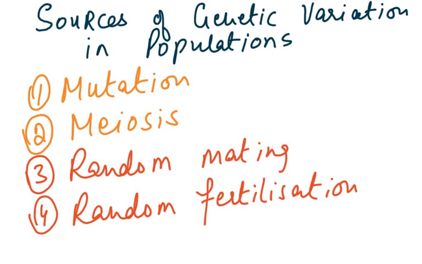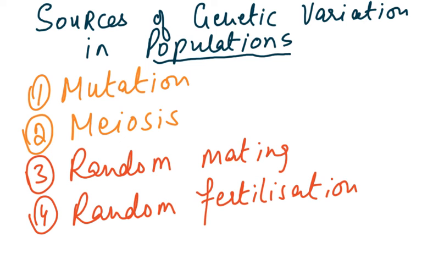Now coming to the topic of sources of genetic variation in populations. Number one, mutation. Number two, meiosis, which is responsible for sexual reproduction, and random mating and random fertilization. So these are the 4 points which are absolutely essential for genetic variation in populations. And I mean populations of tigers, population of elephants.